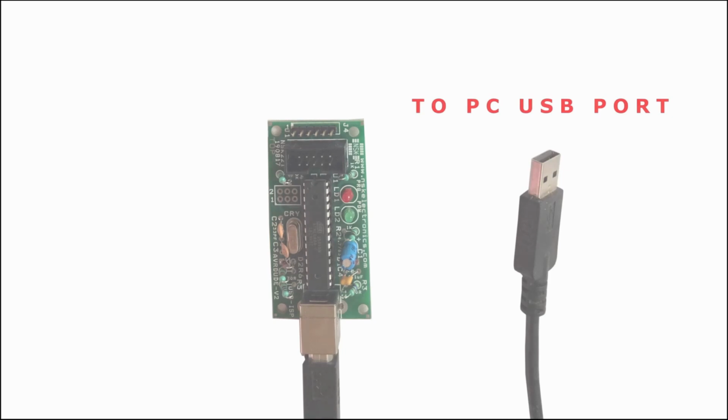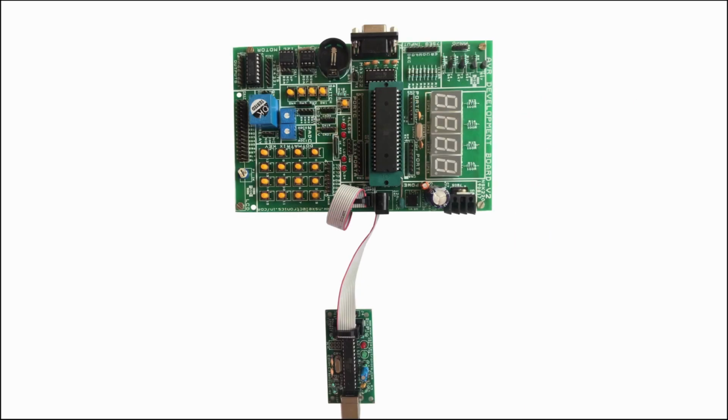For uploading the program onto the microcontroller, firstly connect the USB ASP programmer to your PC through the USB port, and then connect the JTAG connector from your USB ASP programmer to your development board.